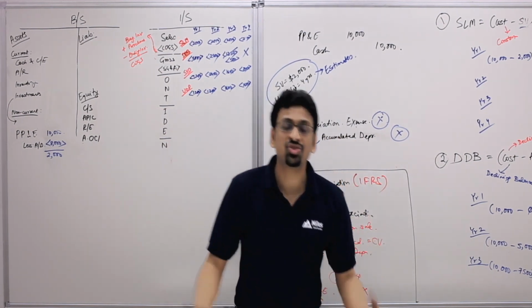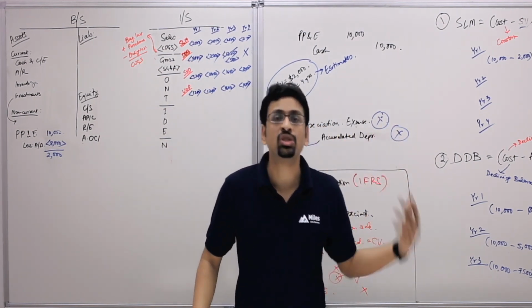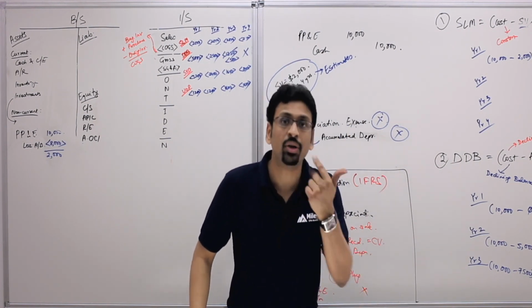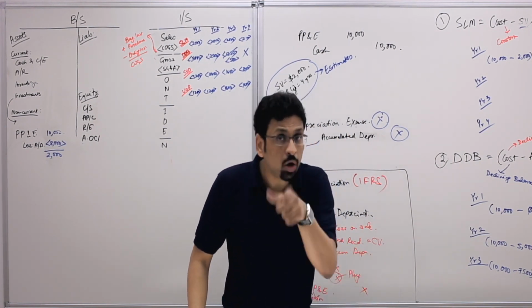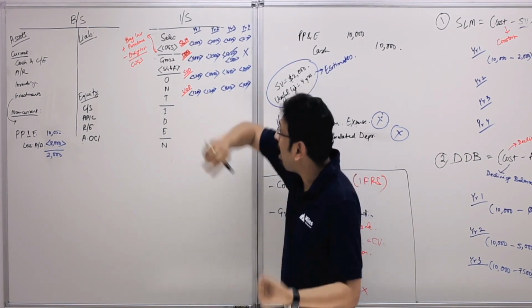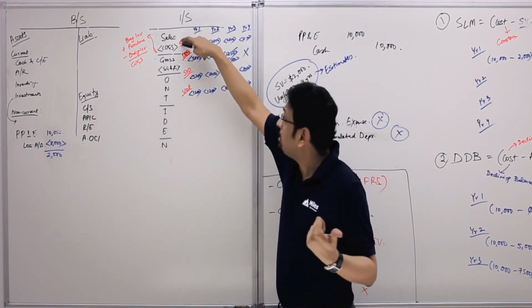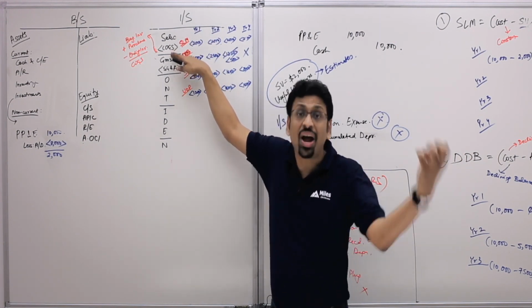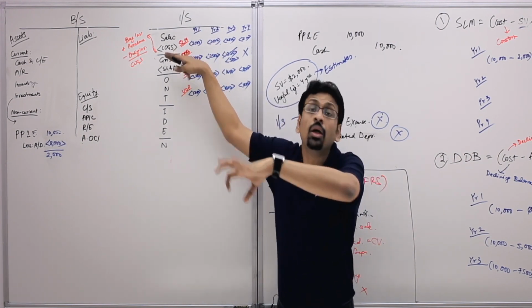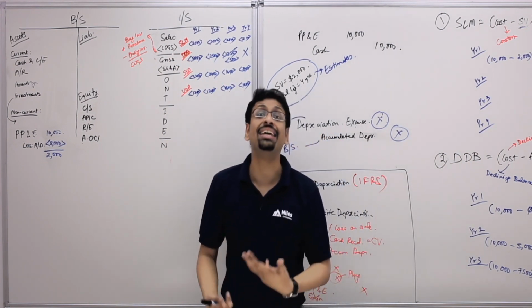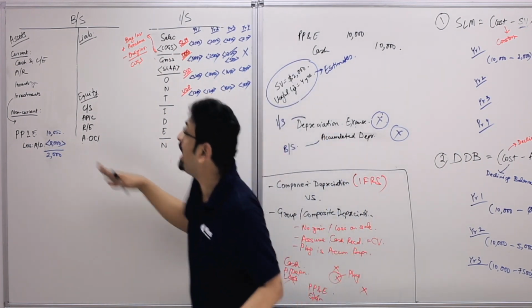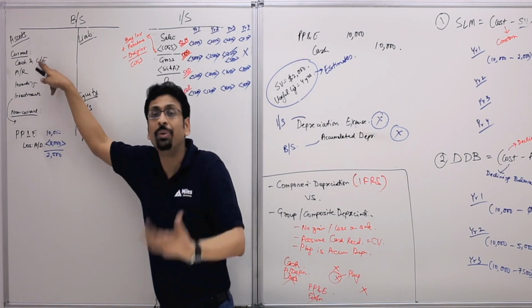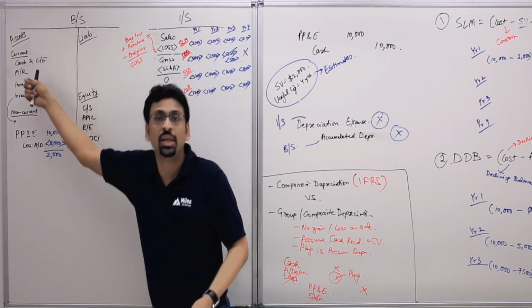Let's say you extracted 1,000 units and you could sell only 800 units, 200 units still lying in stock. In that case you would have sales for 800 units. The cost of goods sold would be for those 800 units that you have extracted and sold. The 200 units which are lying unsold would go to your inventory on your balance sheet. It would be expensed out next year when you sell them.